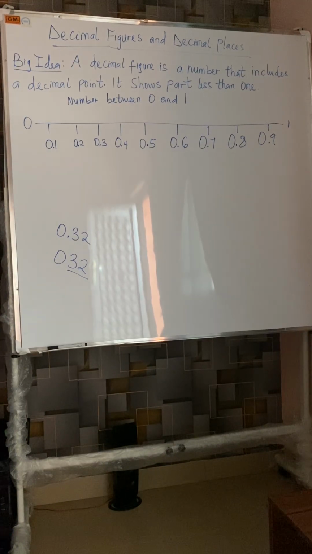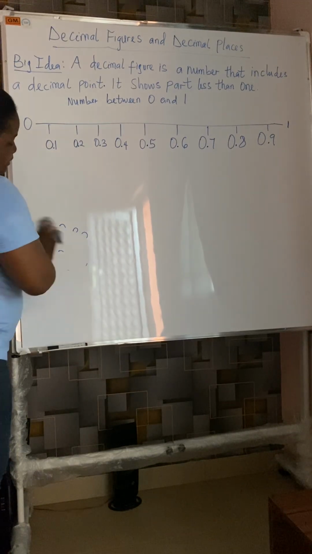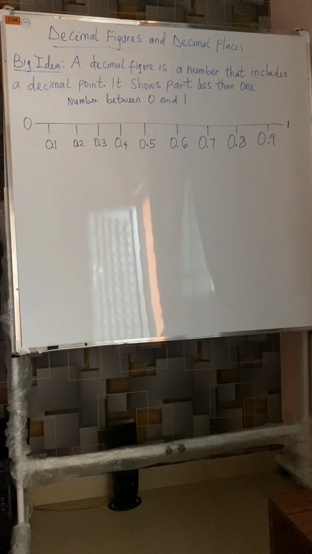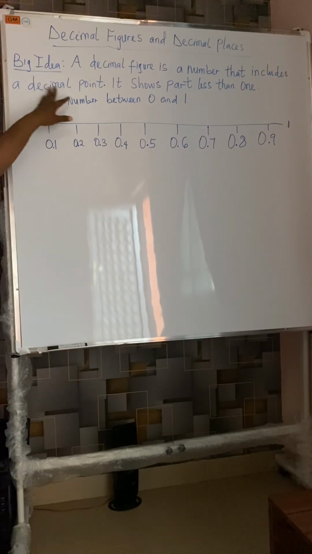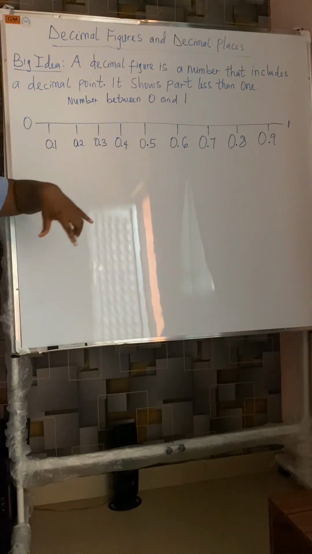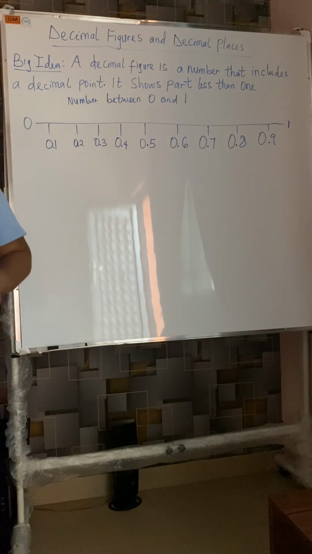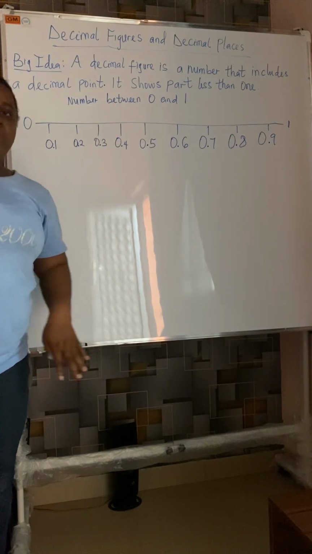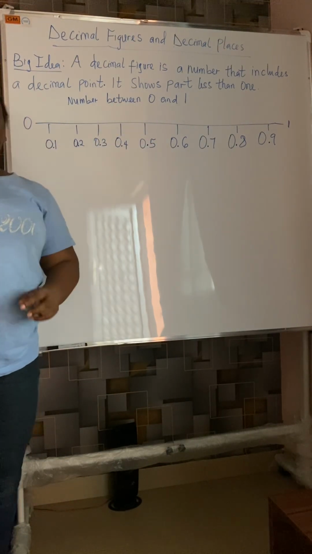What are we talking about? We're looking at decimals, and we have said that decimal numbers are numbers that include a decimal point, and it shows parts of a number less than 1. So it shows you all the parts of the number that is actually less than 1, or that 1 is greater than.